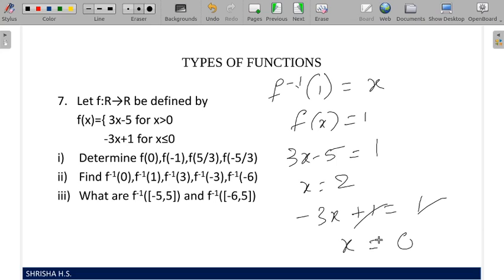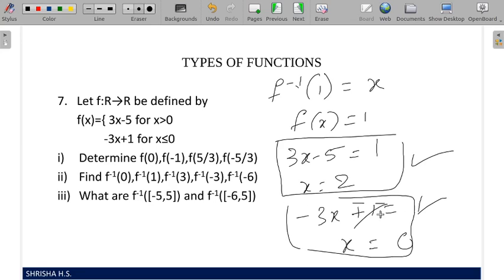Okay, so now if we observe, x equal to 2. If it is x equal to 2, then it is a greater than 0 number, and the 3x minus 5 application is correct. Next, x equal to 0, if we take, so x equal to 0 or less than 0, minus 3x plus 1 application is correct.